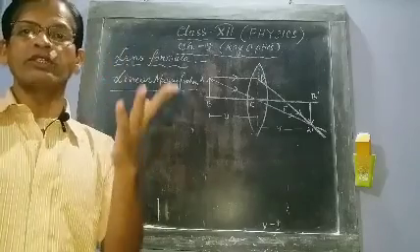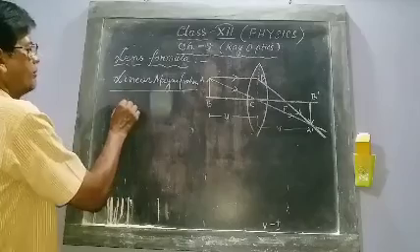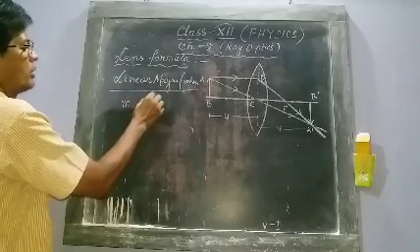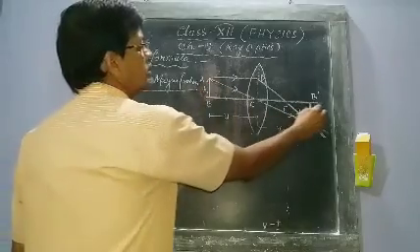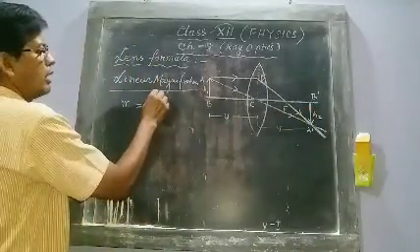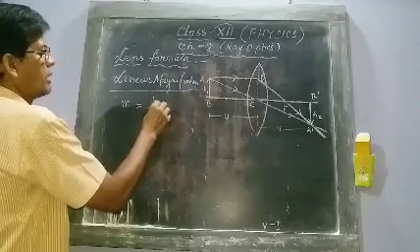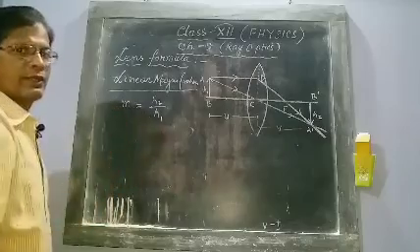That means it is the ratio of the height of the image to the height of the object, and this is denoted by M. If the height of the object is H1 and the height of the image is H2, then M equals H2 by H1.